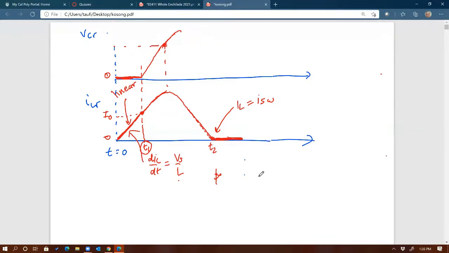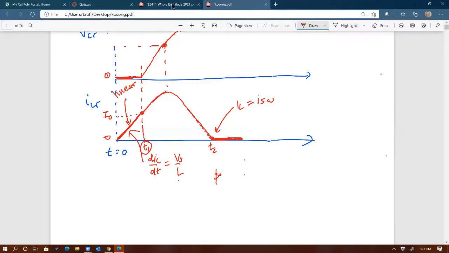Or just exactly T2, because then the current will be negative and you'll get a negative voltage spike across the inductor? Well, current cannot be negative. Current is being clamped at 0. So remember, IL is equal to I switch, and IL, or I switch, cannot be negative. So it will be staying at 0. Does that make sense?